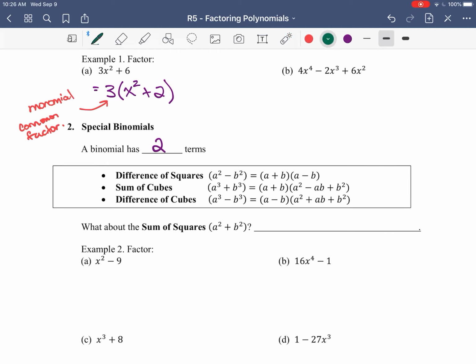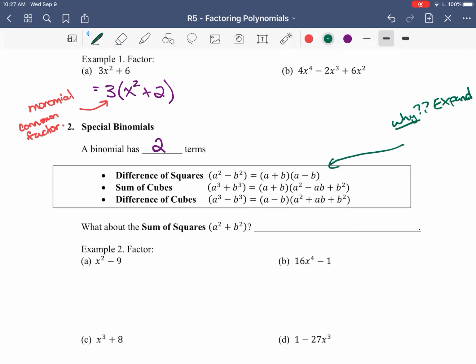Let's just see why that might be true. If you ever want to check, we could expand. Sorry about that, let me just go over here. We can expand to check. We're going to expand the right-hand side.